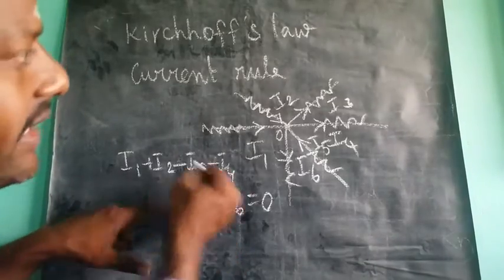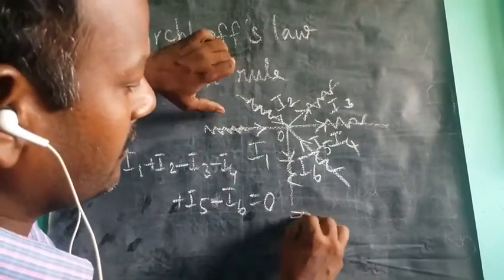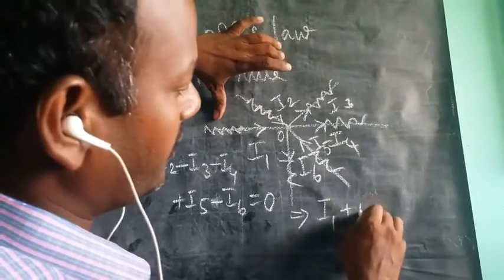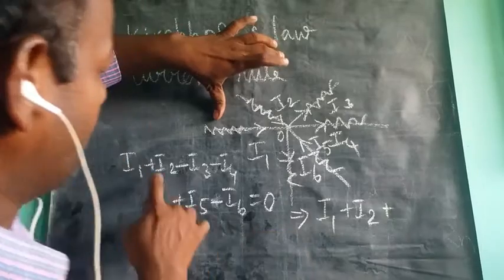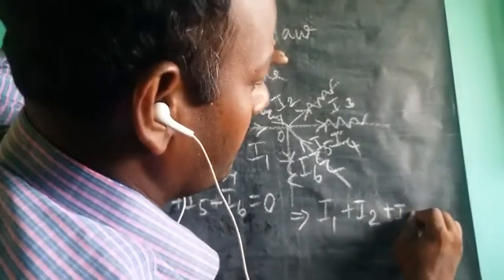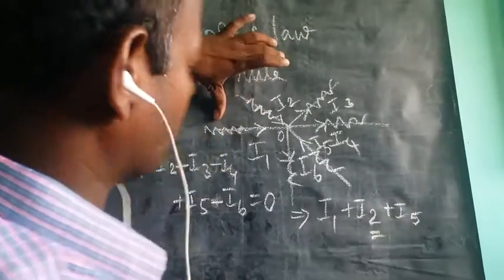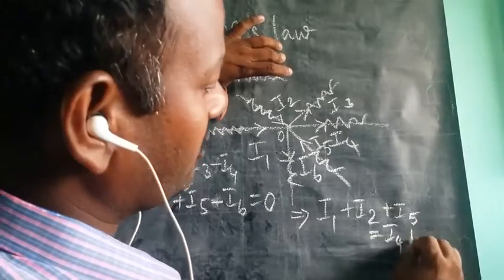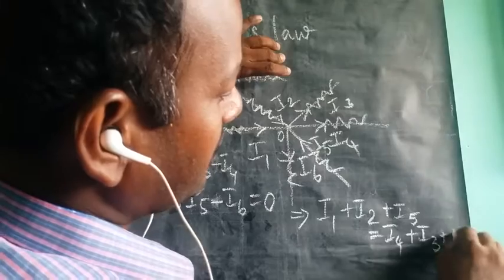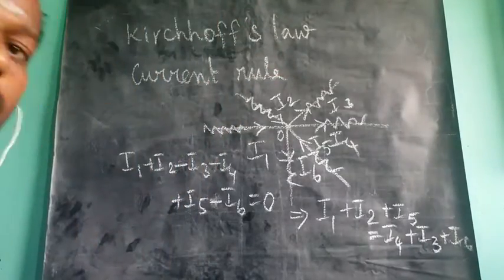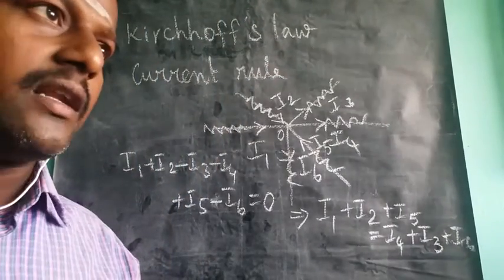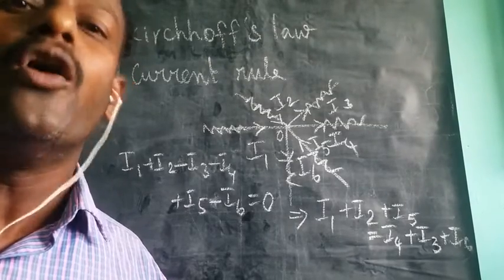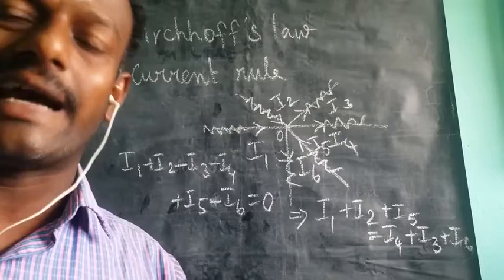So I can rewrite this as I1 plus I2 plus I5 is equal to I4 plus I3 plus I6. So what I come to know is the current flowing towards the junction is equal to the current moving out from the junction. This is the current rule.